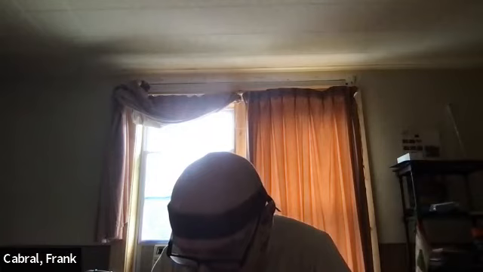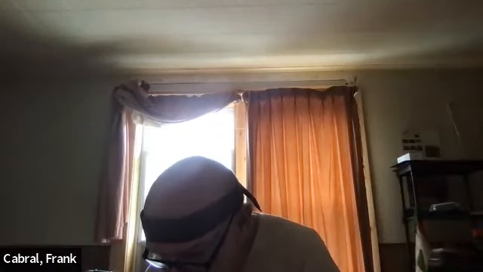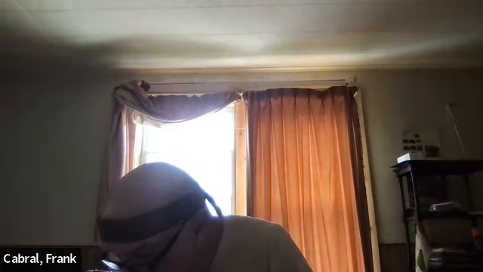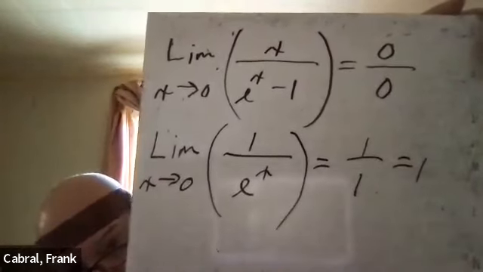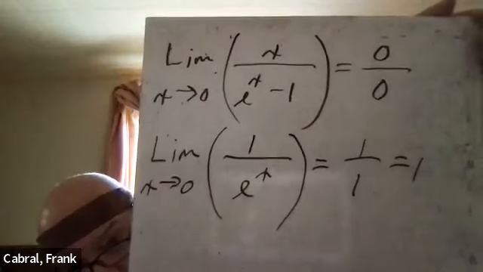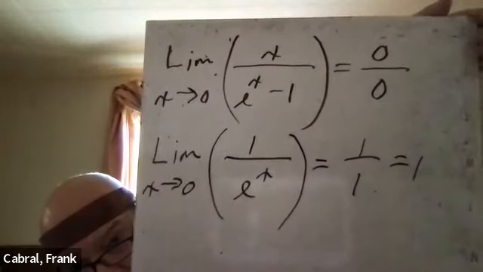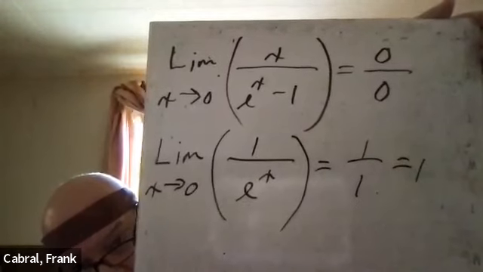So we have then the limit as x approaches 0 of 1 over e to the x. By taking the derivative, we end up with the limit as x approaches 0 of 1 over e to the x. This is no longer in an indeterminate form. We can evaluate 1 over e to the x by substituting x equals 0.